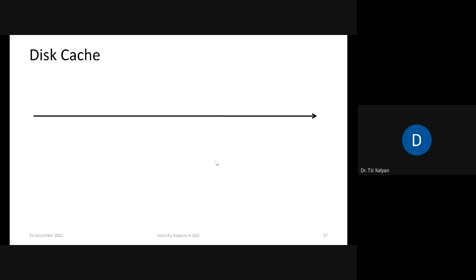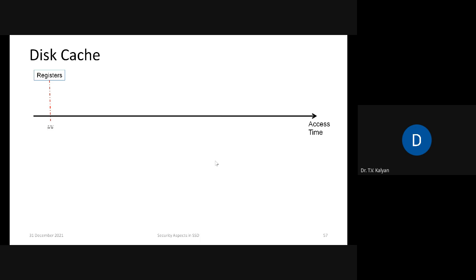On the performance front, we have another level of cache, so to say, called the disk cache. For simplicity, I have put the access time on the x-axis here, and various levels of memory that we see currently based on their access time.